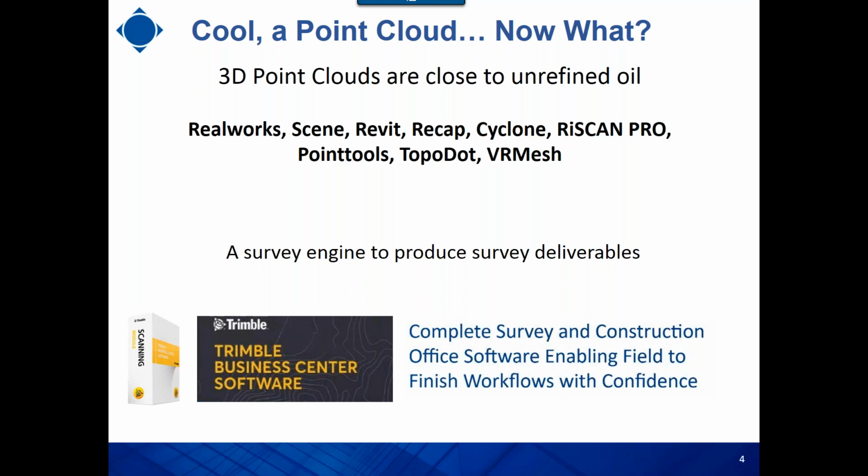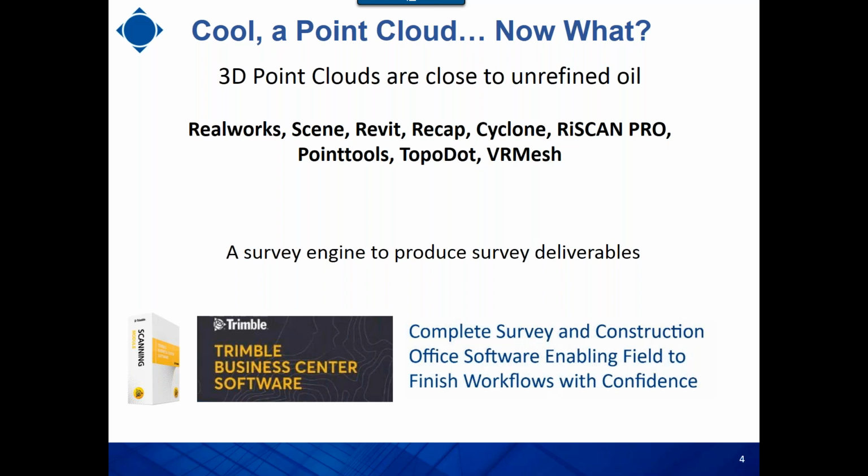But today's focus is on Trimble Business Center, which is a complete survey and construction office software. And that's the general message from Trimble, which enables field to finish workflows with confidence. And why is it important? What is different in Trimble Business Center compared to other software is the survey engine. The engine of Trimble Business Center has been a very robust and slick survey engine that has been around for a long time.